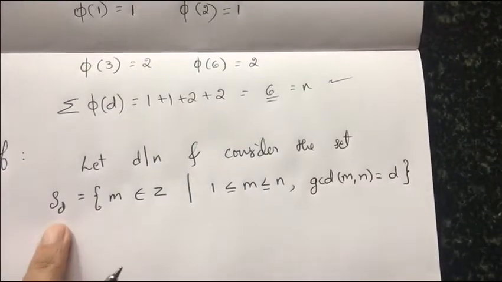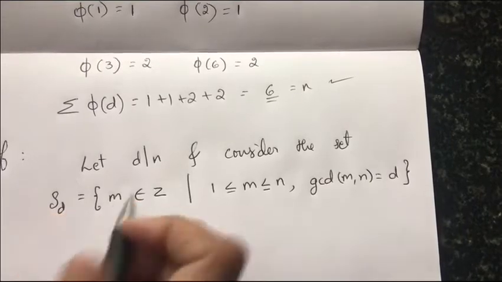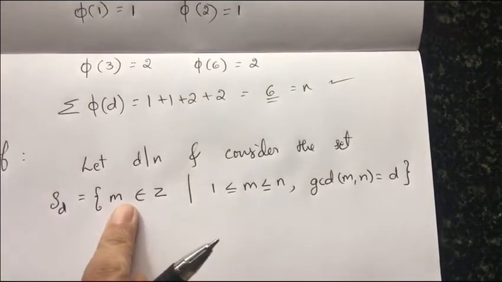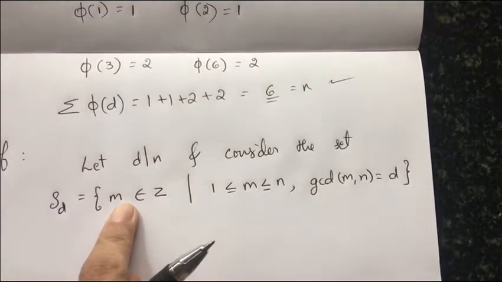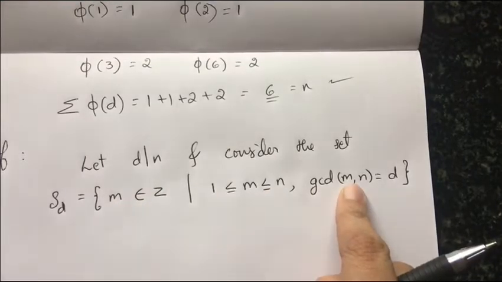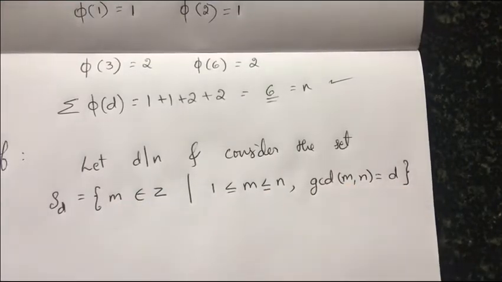I am considering the set S_d, the set of all integers not exceeding n, and when you take the GCD with n, it gives you d.